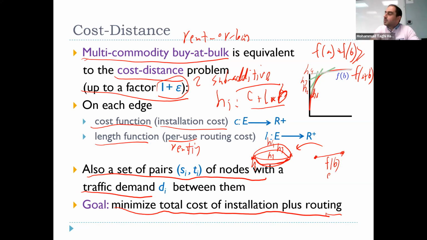Now you can see that this is another view, another generalization of Steiner forest. Because in Steiner forest, we have only installation cost.